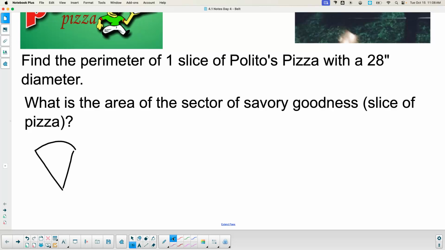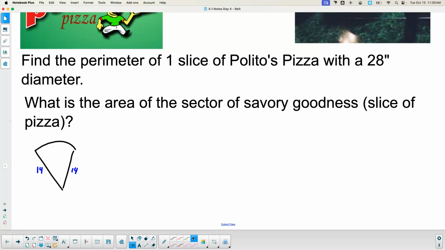So how does that help me with my piece of pizza? So we know that these two sides are 14. Right? So if you got something that's less than 28 inches for your perimeter, already wrong. It's got just those two sides, right? What about the missing third side?